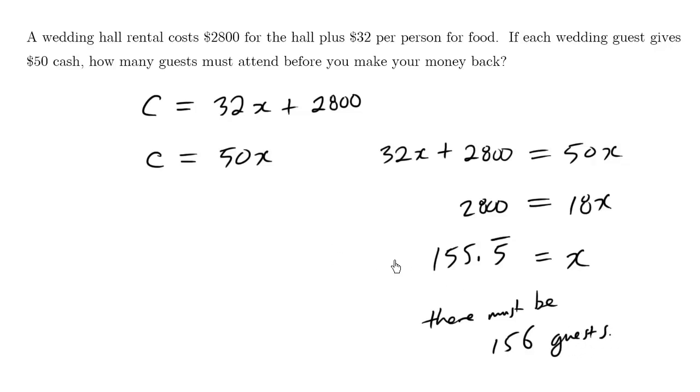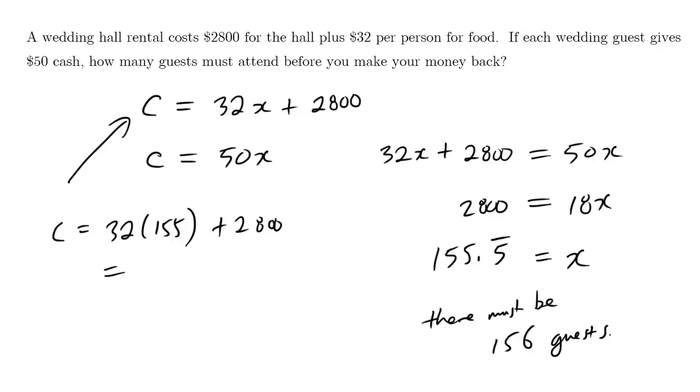And if you want to try it out, we can verify this answer. Let's try 155 and see what happens. So imagine we're talking about the costs. There are 155 guests. The cost equals 32 times 155 plus 2,800.